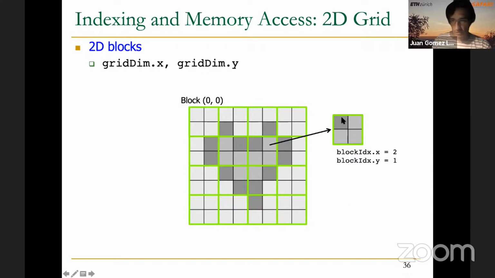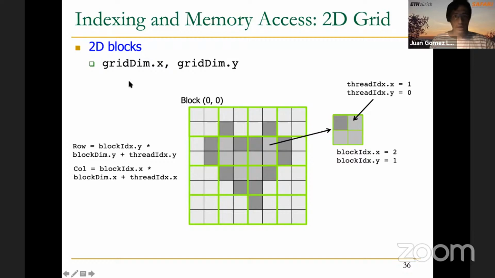In particular, the block that is going to work on these pixels is the block with block index X2, block index Y1. And this is the thread with thread index X1 and thread index Y0. When it comes to fetching one element from the image for computation, we do something like this.